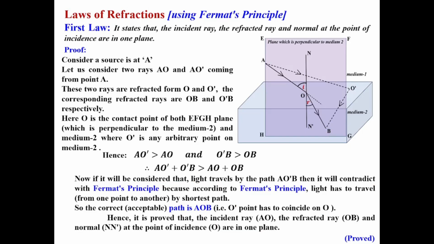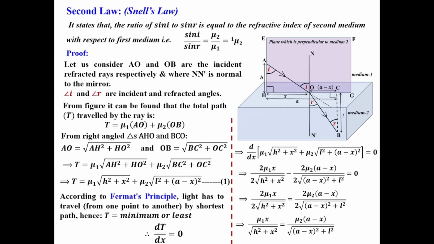Now we are going to go for the second law. The second law of refraction is also called Snell's law. This law states that the ratio of sine i, where i is the incident angle, to sine r, the refracted angle, is equal to the refractive index of the second medium with respect to the first medium.